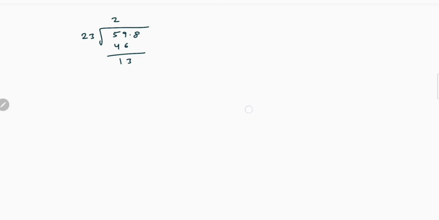Since 13 is less than 23, you have to put a decimal point here. 8 will come down. 23 5s are 115, 23 6s are 138. So the answer is 2.6 for the first one.